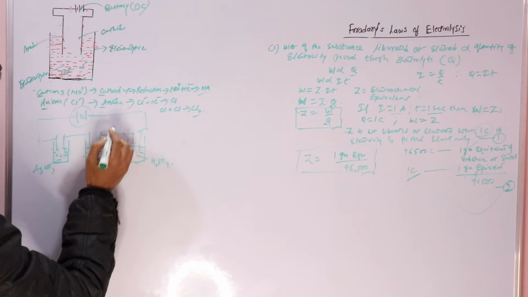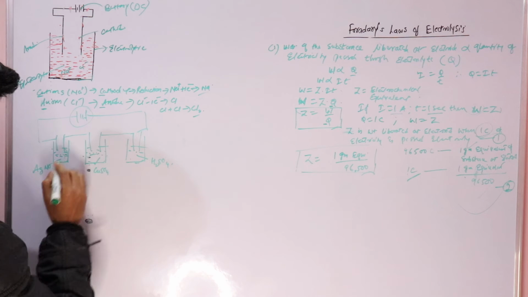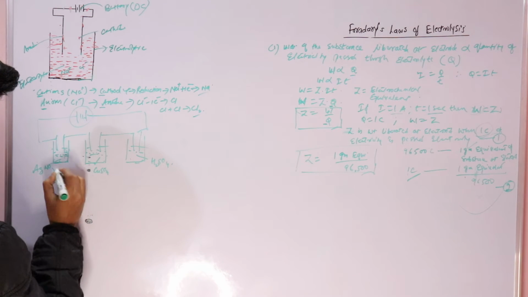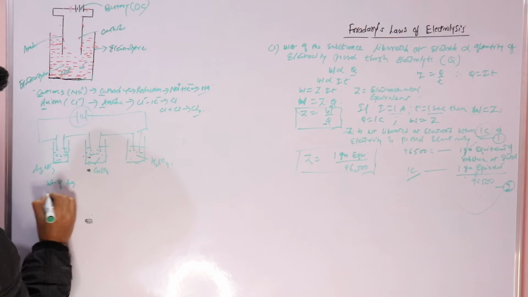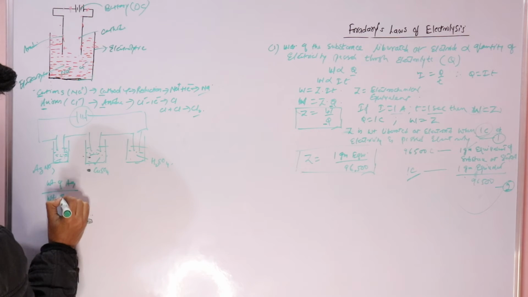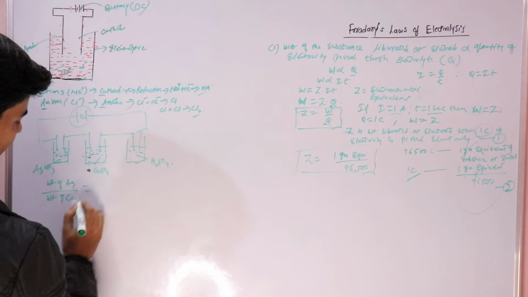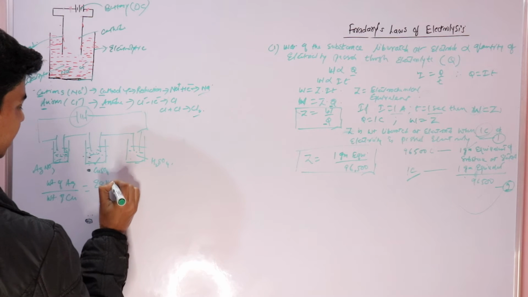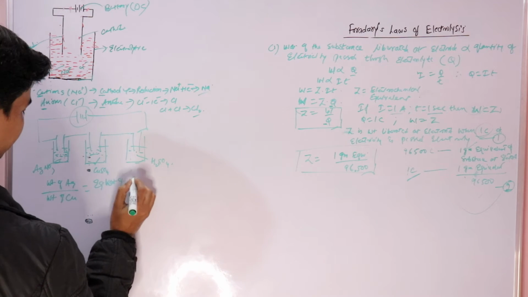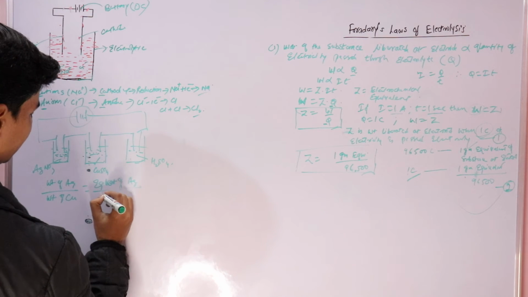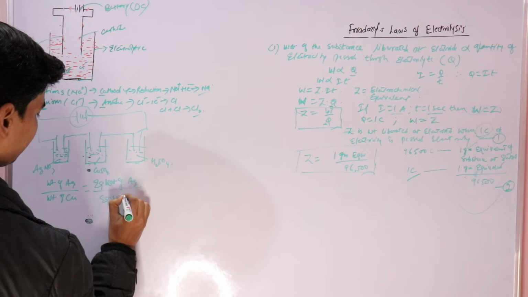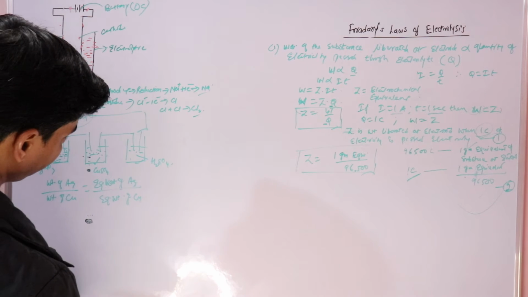So I write, when the same amount of electricity is passed through these cells, then weight of silver upon weight of copper would be proportional to the equivalent weight of silver divided by equivalent weight of copper.